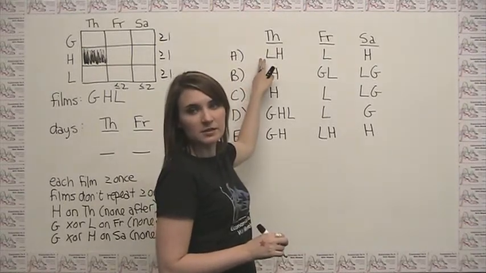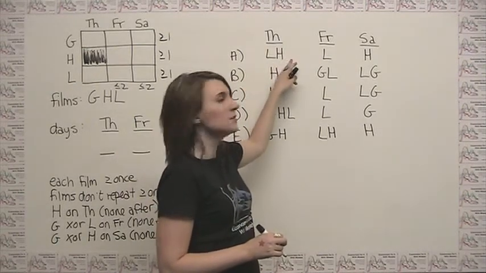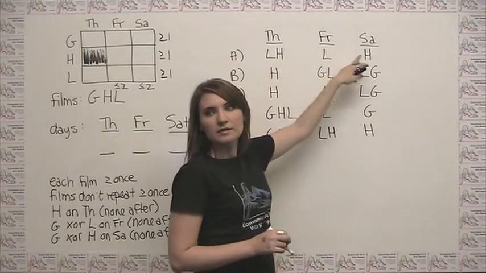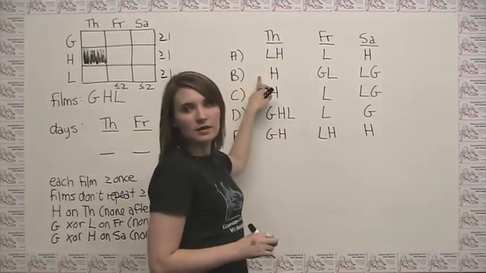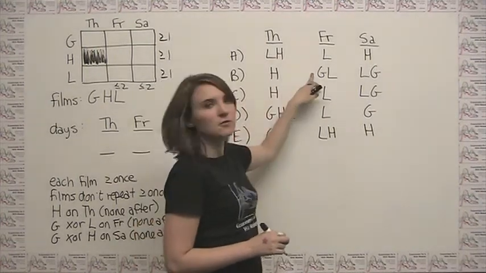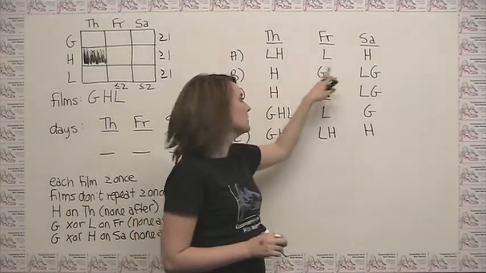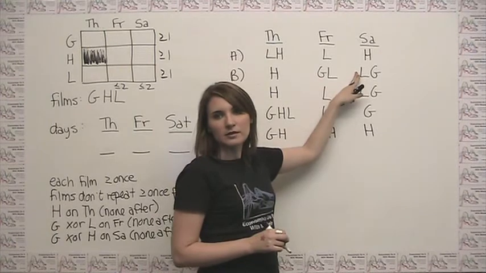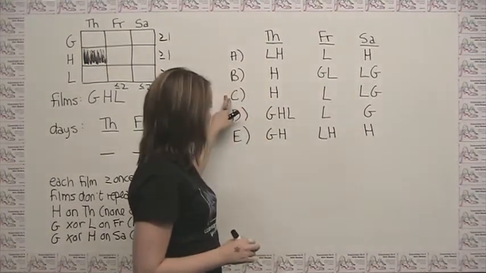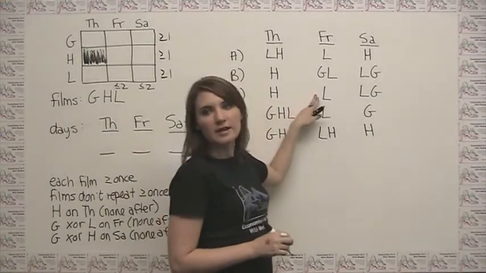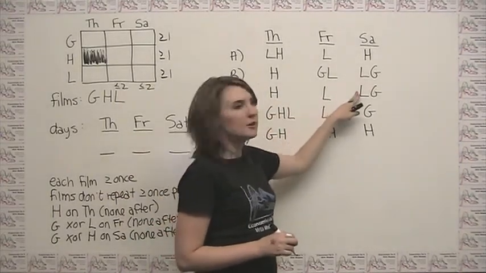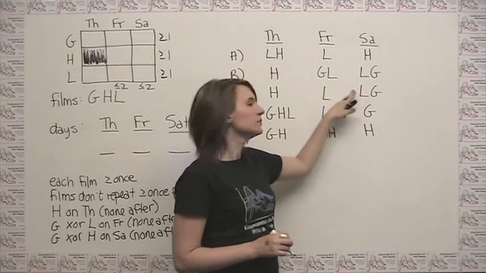Choice A reads, Thursday is limelight then harvest, Friday is limelight, Saturday is harvest. Choice B reads, Thursday is harvest, Friday is greed then limelight, and Saturday is limelight then greed. Choice C reads, Thursday is harvest, Friday is limelight, Saturday is limelight then greed.